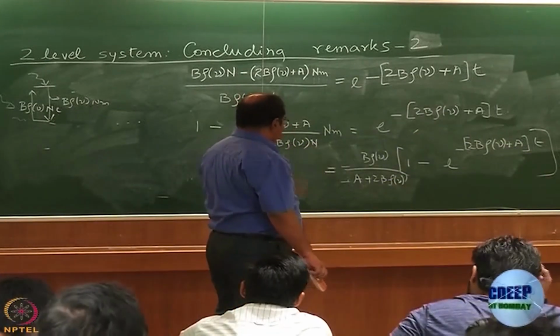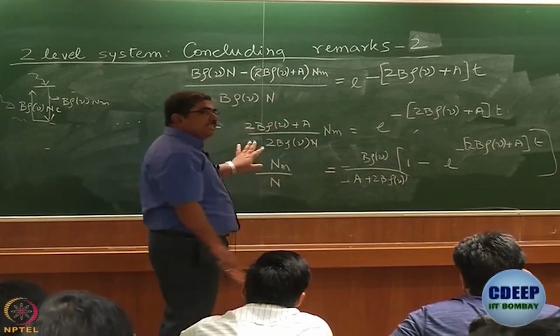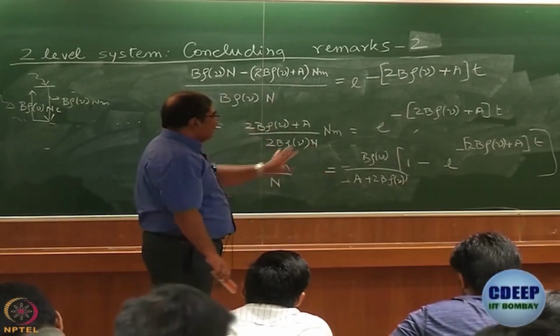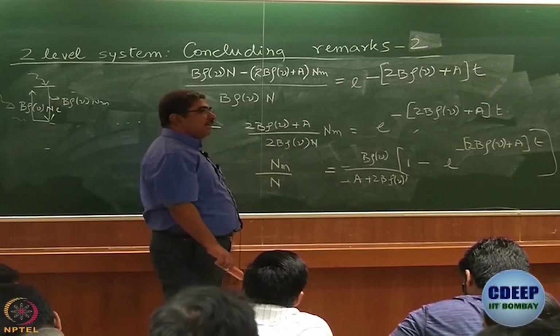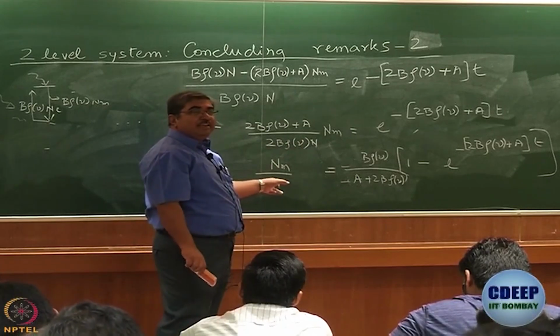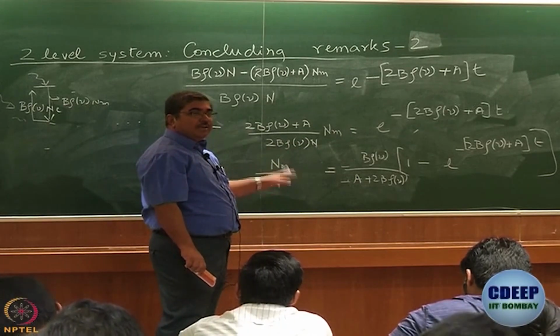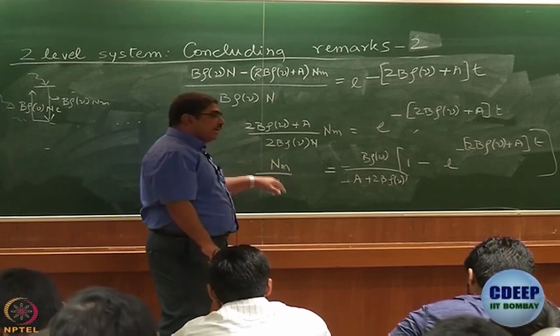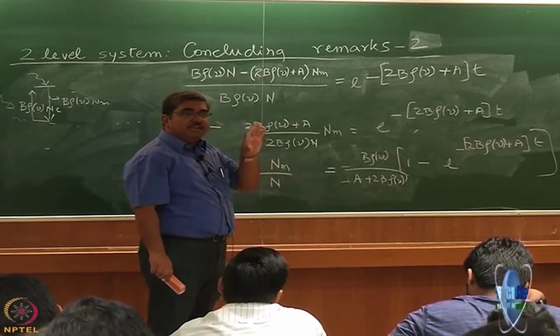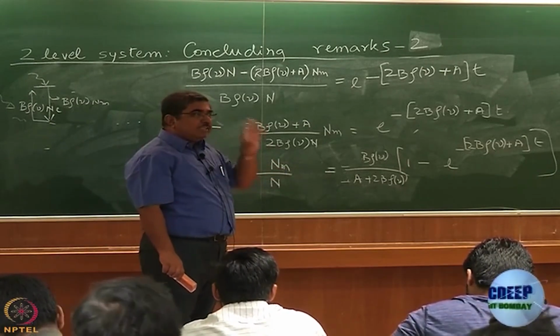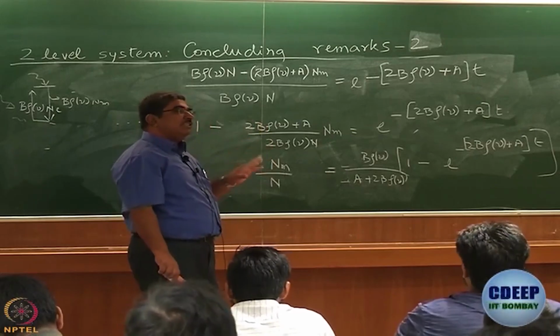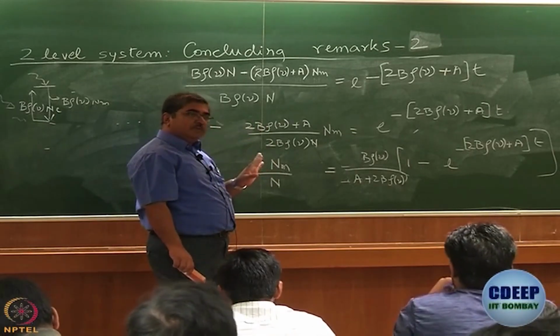Okay, right. Now, this is the expression I get. Now let us see. What is the left hand side? So what is n? Don't forget. What is n? Right. So Nm by n is the fraction of molecules in the higher level. What is the condition for population inversion? This fraction should be greater than half. Okay.